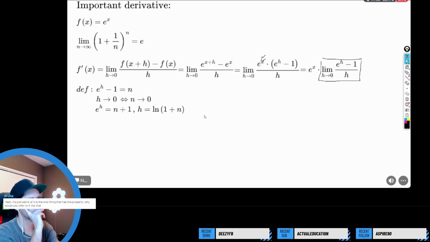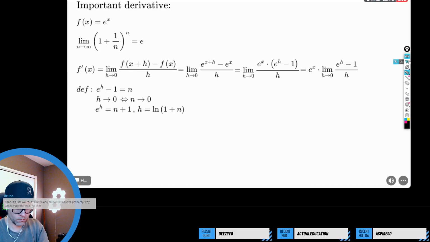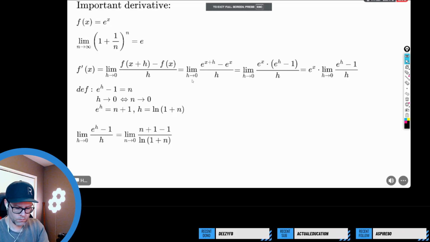If we take the natural logarithm of both sides, h equals ln of 1 plus n. Now we can actually plug both of those in here, and we will be very close to finding the derivative. Now, when we plug it in, we get this limit.